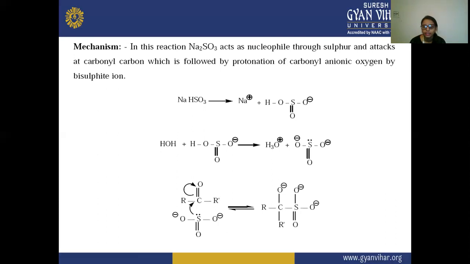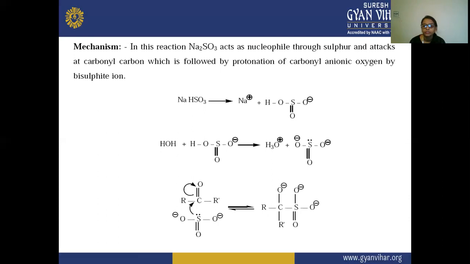The NaSO3 dissociates, forming Na plus and HOS double bond O minus, and when this reacts with a water molecule, a hydrogen ion is formed. After that, this reacts with the carbonyl carbon, which has a positive charge on it, and the oxygen withdraws electrons from this carbon atom, forming the sulfite compound.